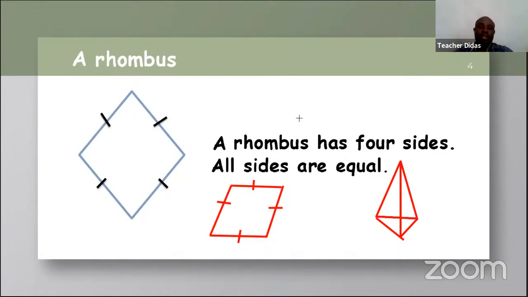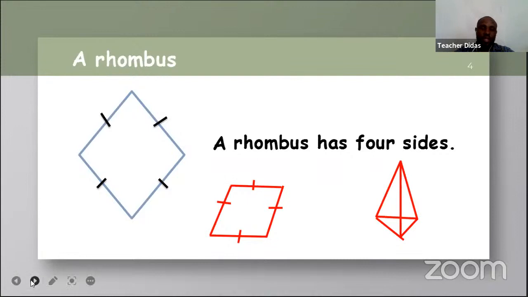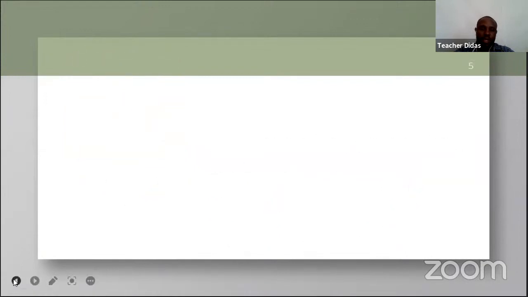The diamond also has many more lines than that. So this is not a kite. This is not a diamond, but it is called a rhombus. Okay.